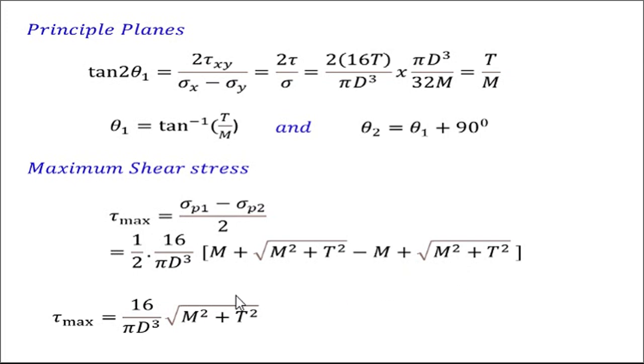If you simplify further, the final expression will be tau max is equal to 16 divided by pi d cube under root of M square plus T square. So this is the relation after derivation.